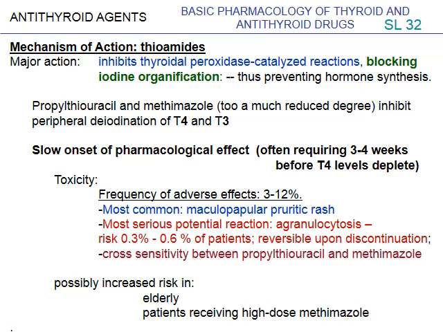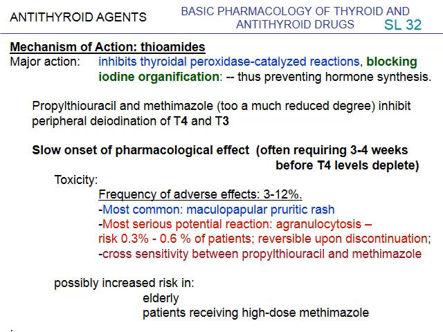So the major mechanism of action of the thioamides, the predominant action, is to inhibit thyroidal peroxidase catalyzed reactions, which block iodine organification and prevent coupling. So T4 and T3 can't be formed because the tyrosines on thyroglobulin won't get organified by iodine, and there won't be a subsequent coupling of MIT and DIT and so on and so forth.